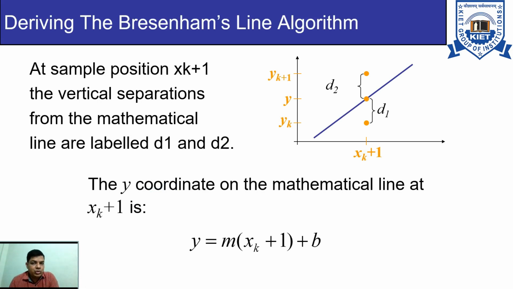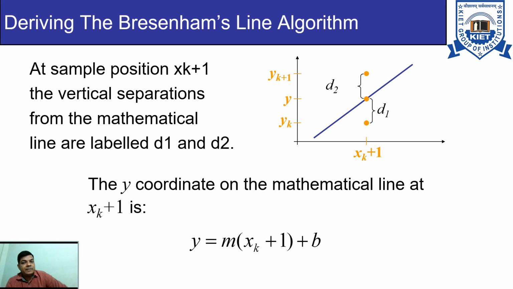So how to choose the pixel? Initially we have plotted xk comma yk, and the next incremented value is xk plus 1, and we don't know whether we should activate the pixel at yk or the pixel at yk plus 1. So we are taking two distances.